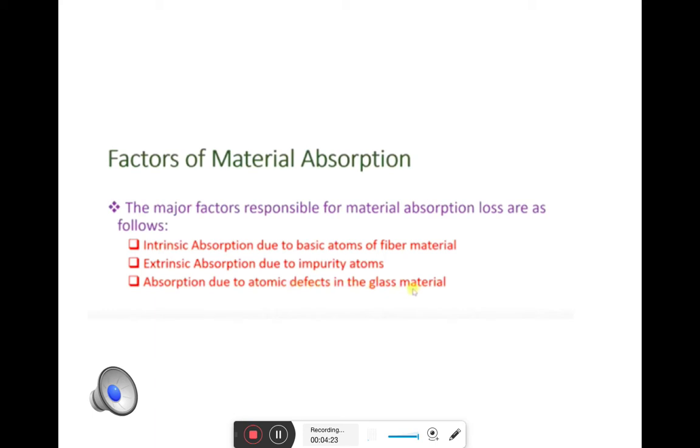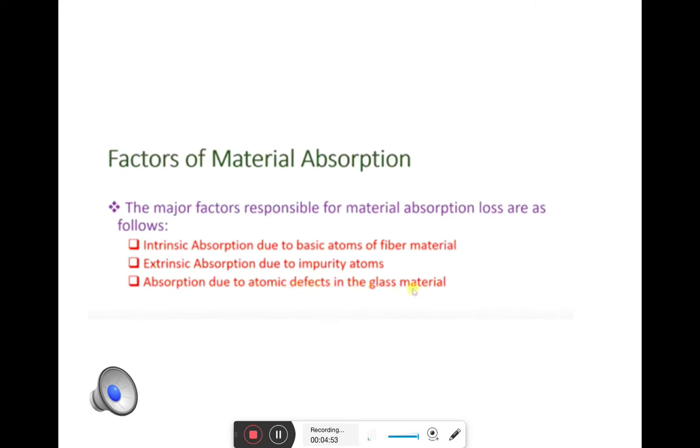The different factors that contribute to material absorption are: the first one is intrinsic absorption, the second one is extrinsic absorption, and the third one is absorption due to atomic defects. Intrinsic absorption is mainly due to the basic atoms that are inside a fiber material. Extrinsic absorption is mainly due to the impurities.